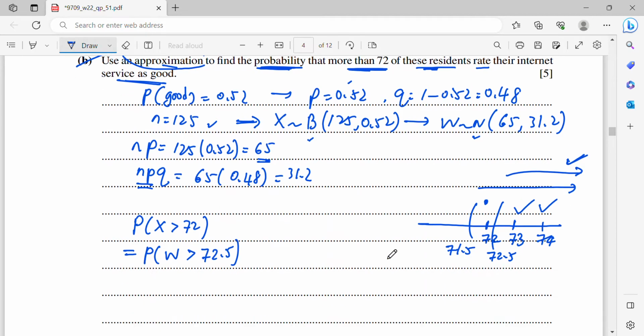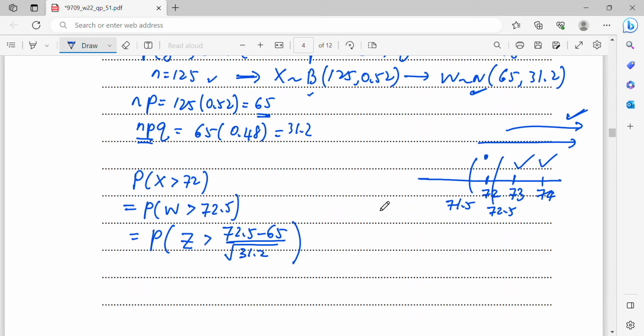Since W is normally distributed, we need to standardize it. So it will be Z more than (72.5 minus 65) over the square root of 31.2, because 31.2 is the variance. When you calculate the value, it will be Z more than 1.343.